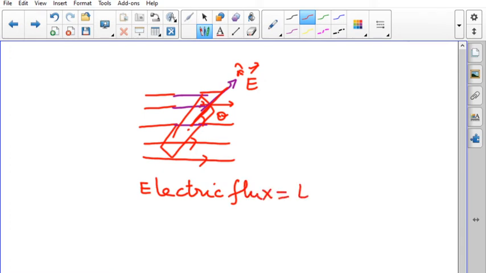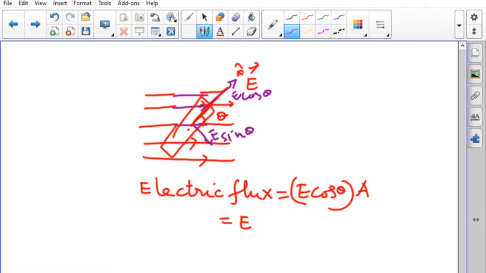That is why electric flux is equal to E cos theta times A. Here E cos theta is the component along the normal, and this is perpendicular, this is E sin theta. Yes, it is EA cos theta.